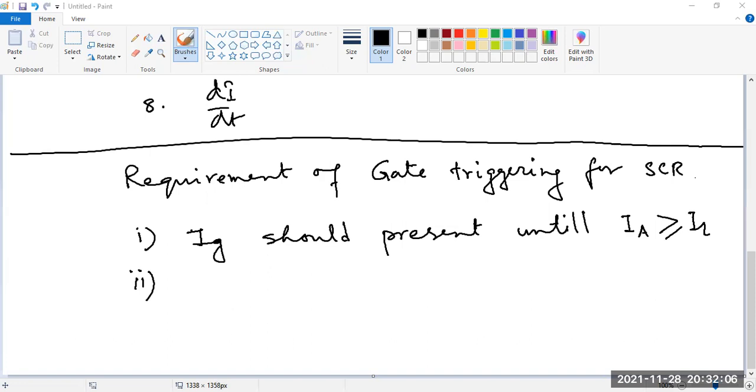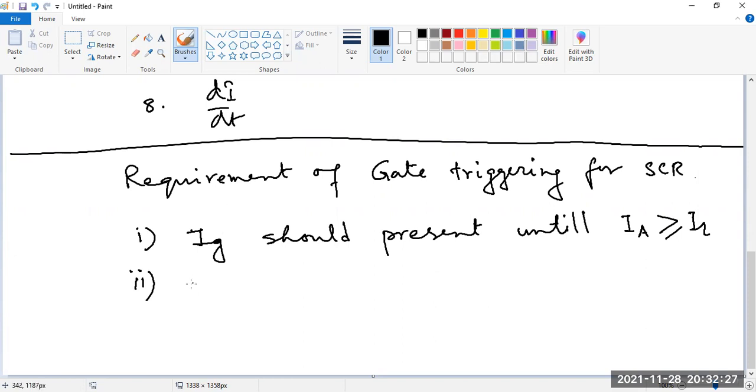So we have to ensure the protection of the control circuit. For that, we generally prefer that the control circuit must be isolated from the power circuit. Power circuit means the circuit which you are considering here.